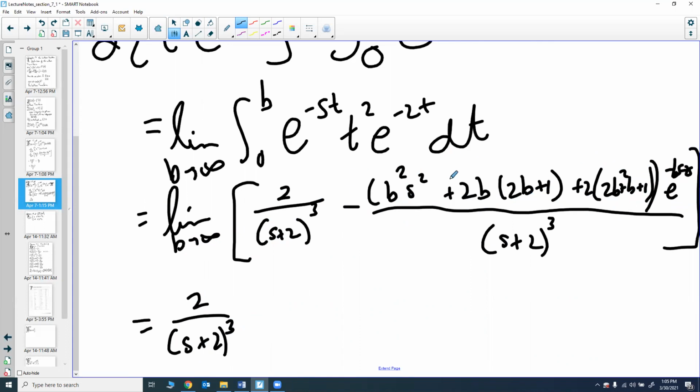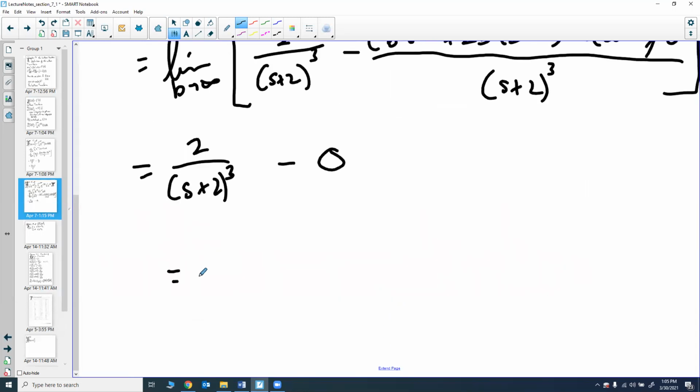This other part goes to infinity, so you have infinity times 0. Using L'Hopital's rule, you will find out that that is actually 0. So we now know that this is going to be equal to 2 over (s plus 2) cubed. Don't always assume it's 0. I would check it out and make sure, but you can see it actually would go to 0.